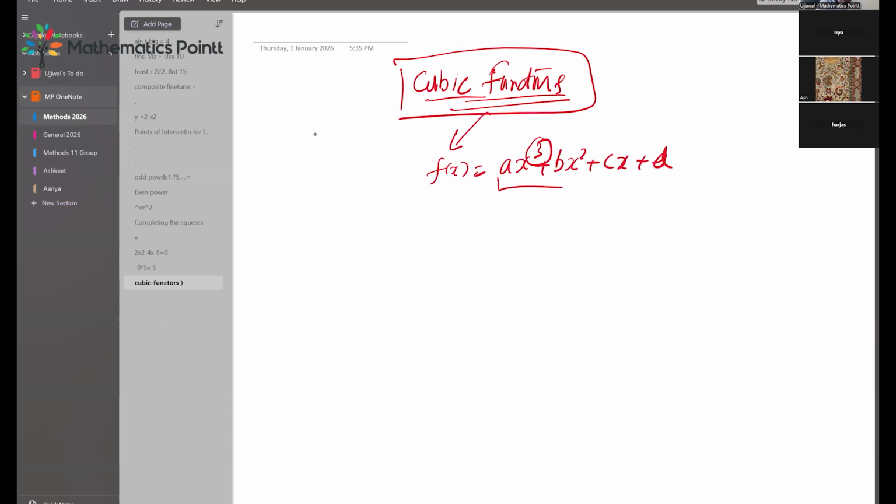There are a couple of cubic forms that we need to know. The one that I've just written here, ax cubed plus bx squared plus cx plus d, this is called the general form of cubic equation.